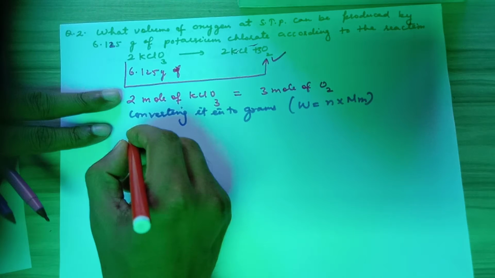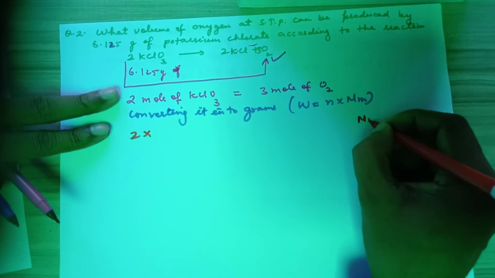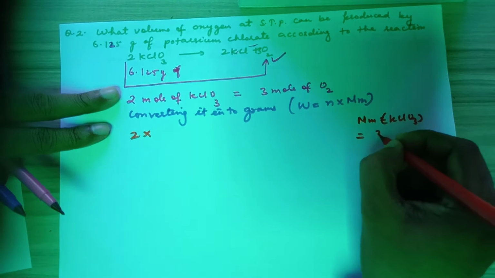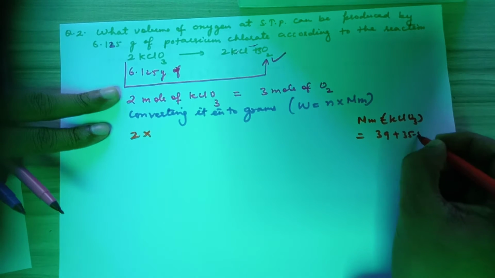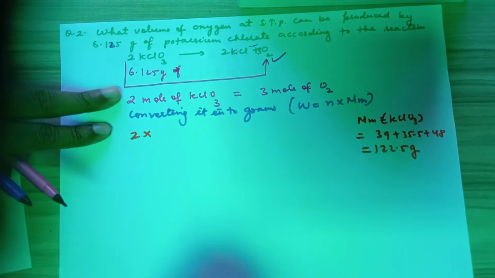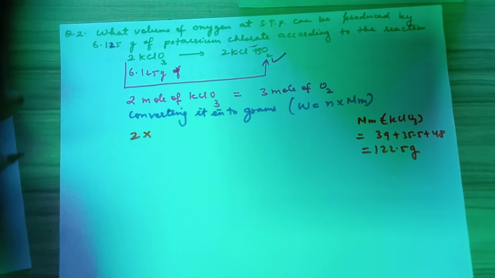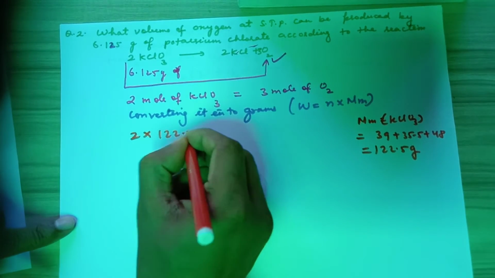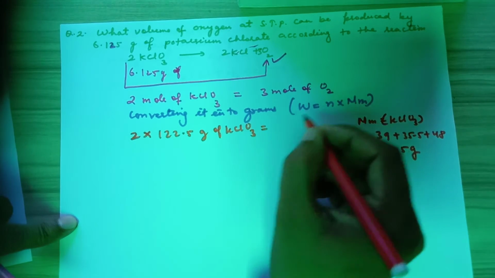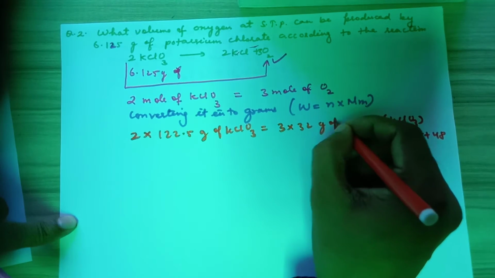So it will be 2 into the molar mass of KClO3, that is, for potassium it is 39, Cl is 35.5 and O3 is 48, so we get 122.5 gram. It will be 2 into 122.5 gram of KClO3 to give 3 into 32 gram of O2.